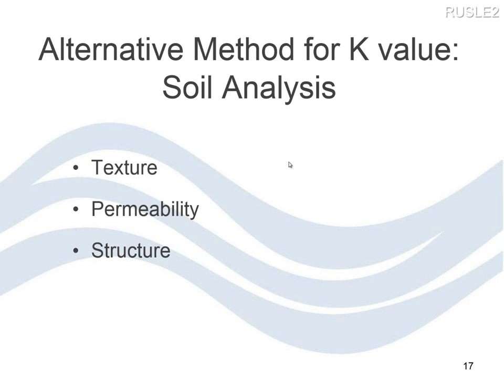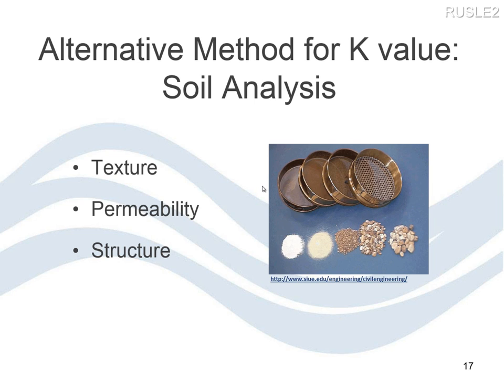The first one is texture, which is basically the percentage of sand, silt, and clay particles in a soil. That's really all it is. We can derive that with a sieve analysis: if we figure out what percentage of the soil passes a certain size sieve, we get the percentage of sand, silt, and clay from our sample.